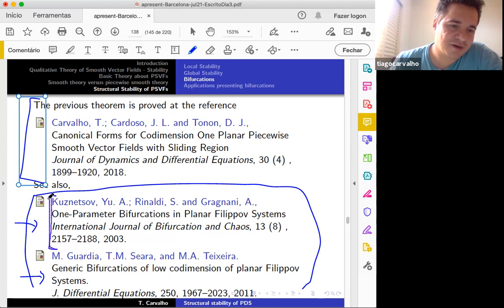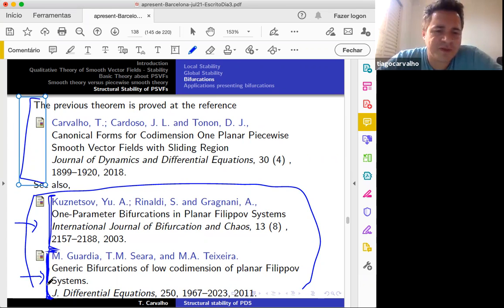They are very classical, and the ideas here are necessary to understand the bifurcations of piecewise smooth vector fields.